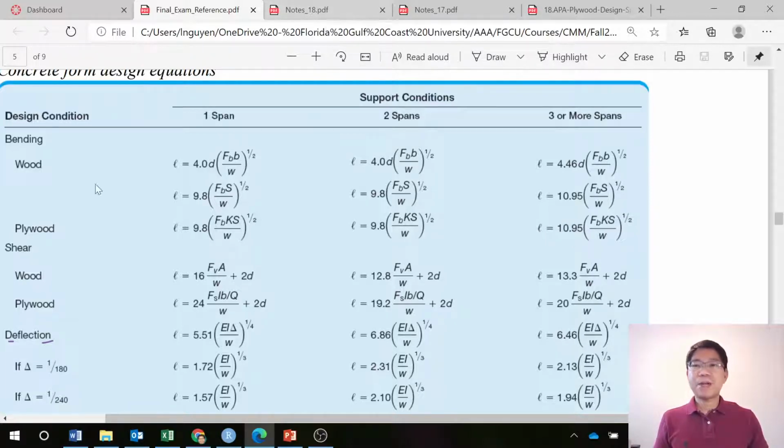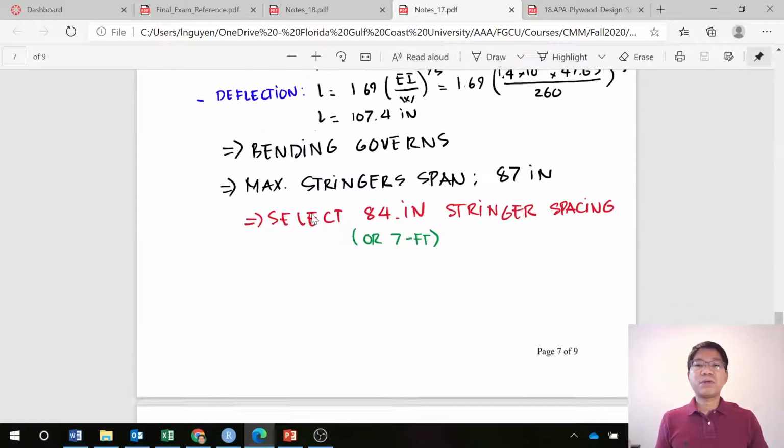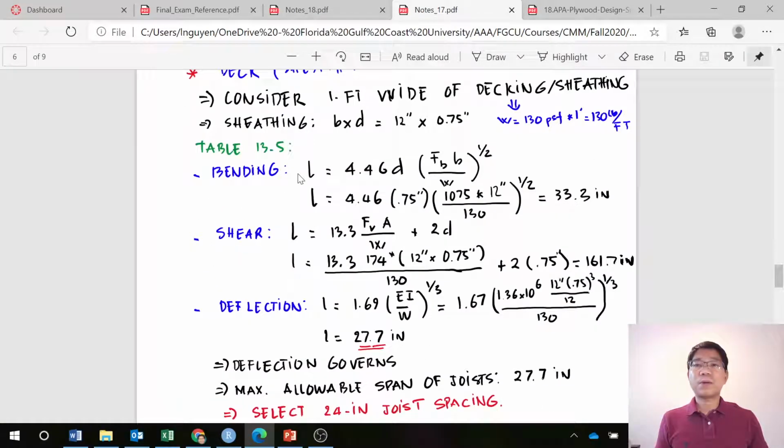Because that's plywood, then we can find out the bending spacing for stud with regard to bending, and FbKs can be determined from table 13.6. What is table 13.6? That is the property for the plywood.